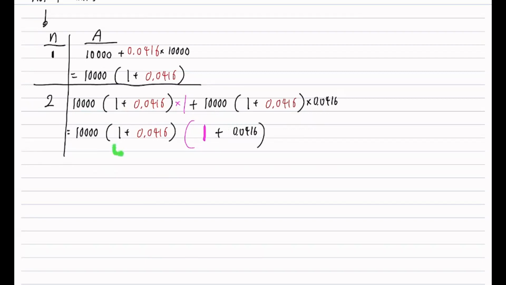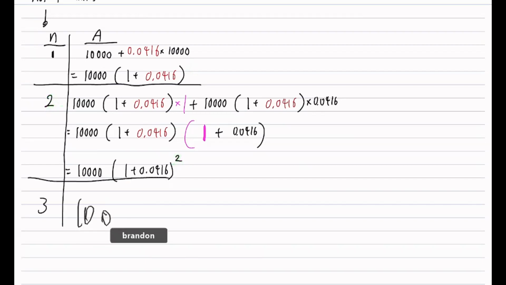What else do you notice? Here is 1 plus 0.0416. There is also the same quantity. So another nicer way to write this would be 1 plus 0.0416 to the power of 2, after the second month. Then you can continue the pattern.